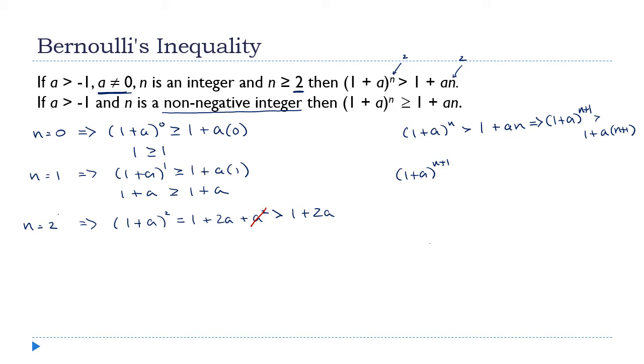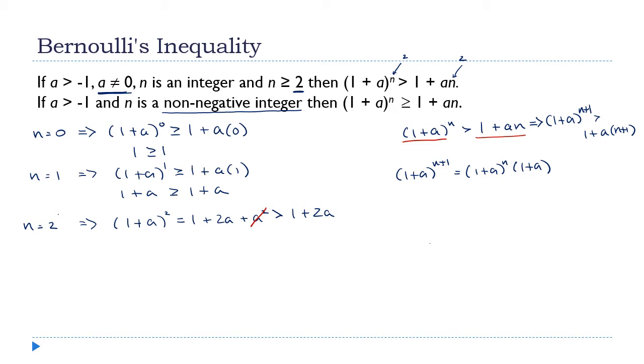All right, look, I'm going to split this up. I'm going to make this (1 plus a) to the n times (1 plus a). I mean, that's fair, right? Now, look at what I assumed. Because I assume this is true for n, then this is greater than this. Okay, good. So let's do that.